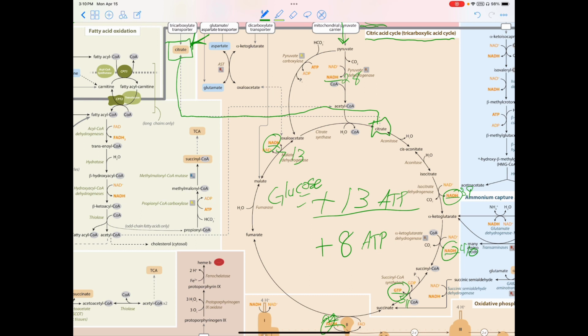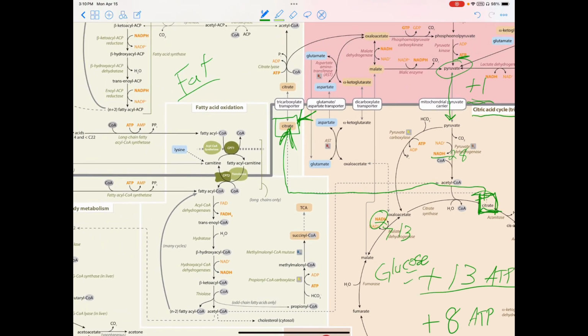But then, as we're going through this cycle, if we have so much energy that we have more energy than we need, then our body will take that same citrate and convert it in reverse back over to here to then store it in our body as fats.